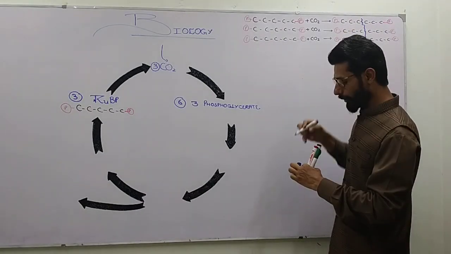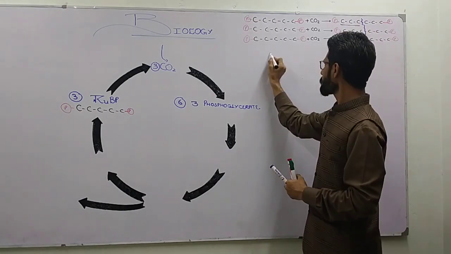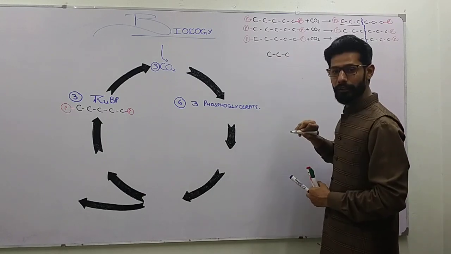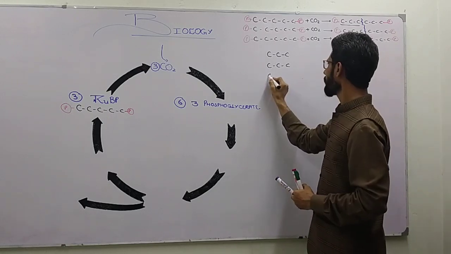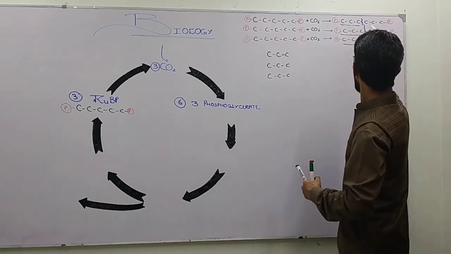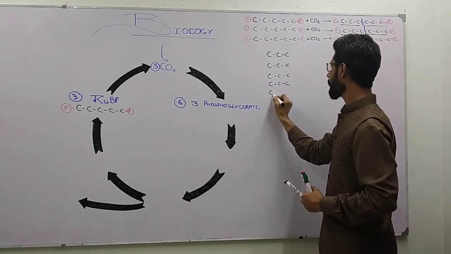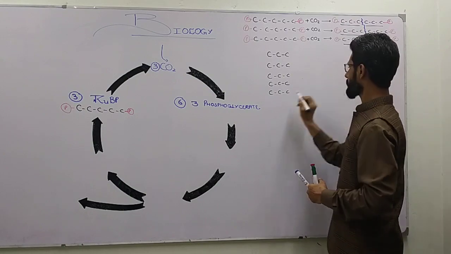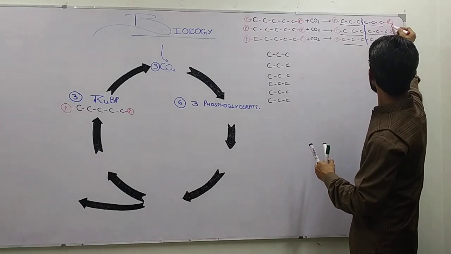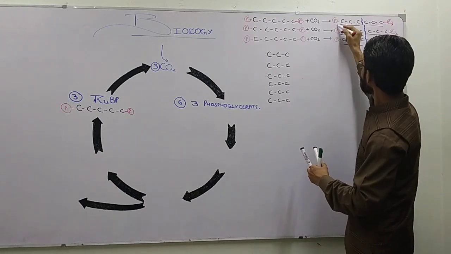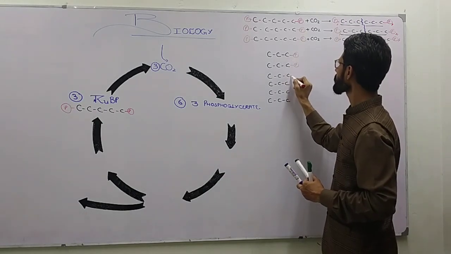So note this: first molecule, second one, third one, fourth, fifth, and sixth. And the terminal carbons contain phosphorus.